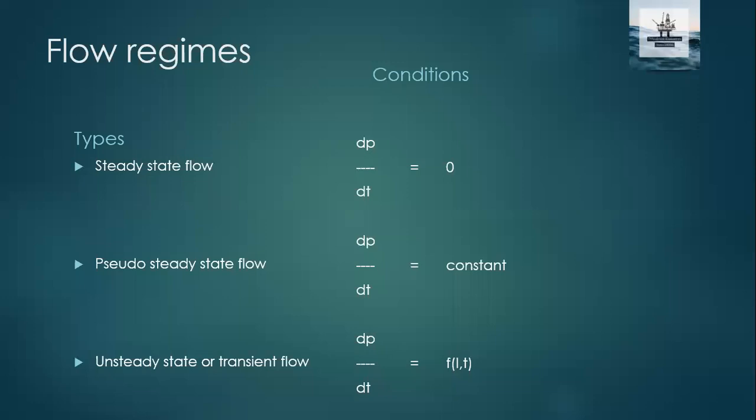Pseudo steady state flow is the declination phase where the pressure reduction is observed to be constant, and it continues for the long term, where secondary production like water flooding and enhanced oil recovery will be observed. Steady state flow occurs where a water drive mechanism is acting.